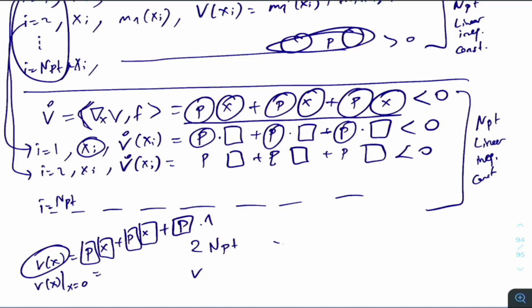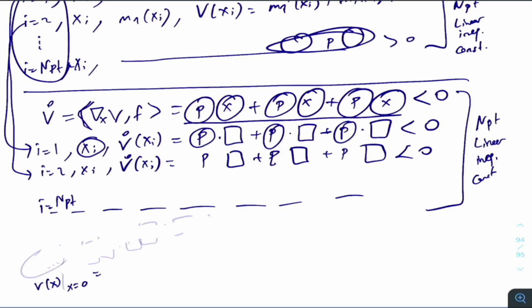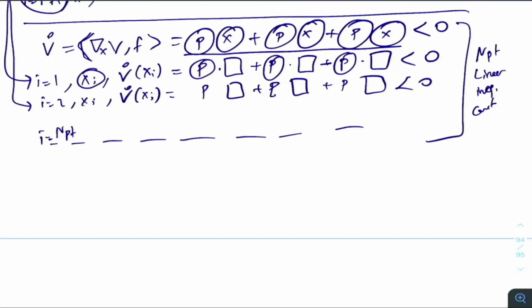All right, so I'm going to delete all of them. Give me a second. Step 1: express v of x as m1 transpose x times m1 of x.